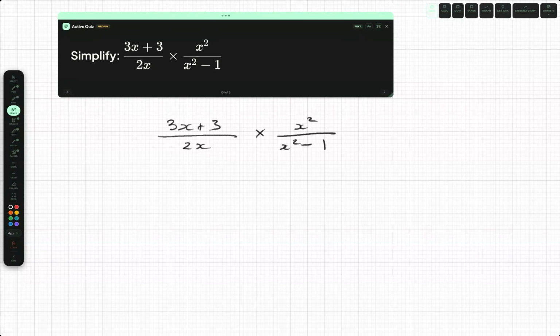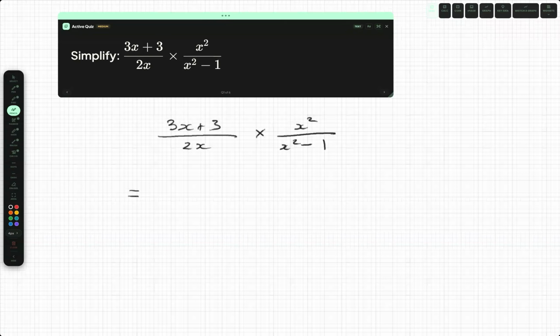Now, remember when we are doing this, it is top times top times bottom. And the first thing we want to do, though, is think about ways in which we can factor this. If we can factor it first and cancel a few common factors, our life becomes significantly easier. So we need to really think about what we can take out.